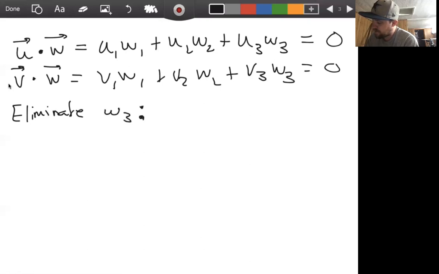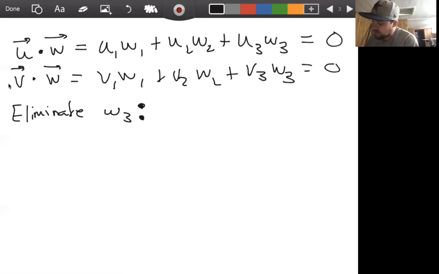We can eliminate the variable w3 by multiplying the top equation by v3 and the bottom equation by u3 and taking their difference. Because then that would give us a term that looks like u3 w3 v3 minus u3 w3 v3. Those would cancel, and we would then just have an expression in terms of w1 and w2.